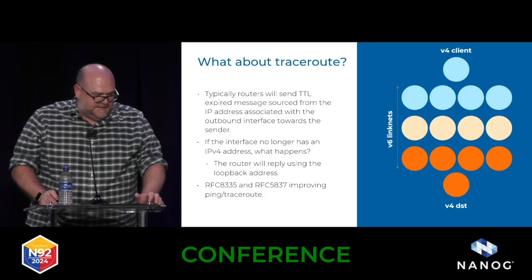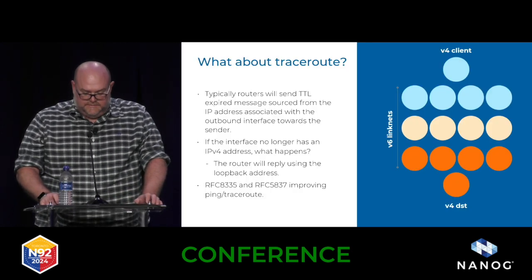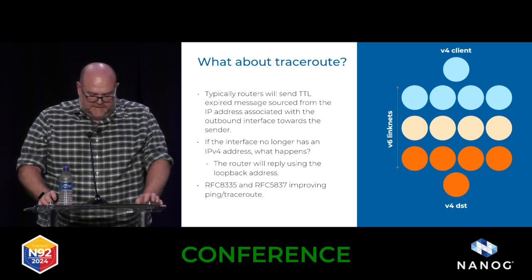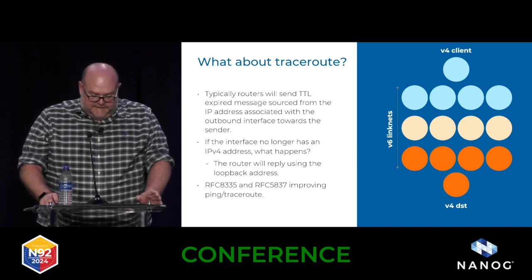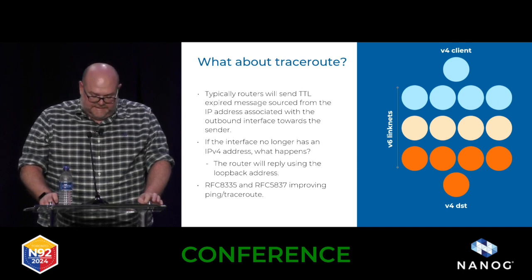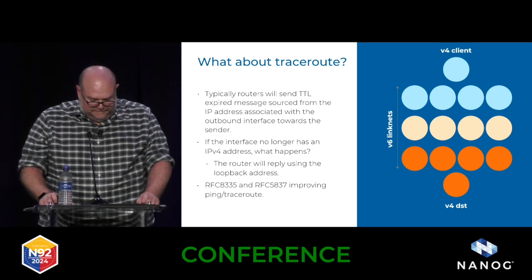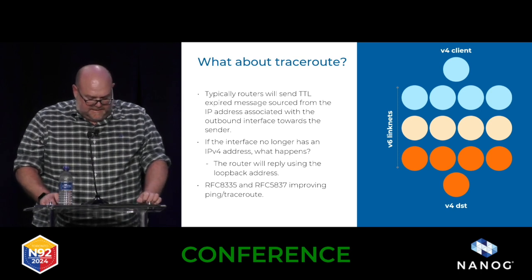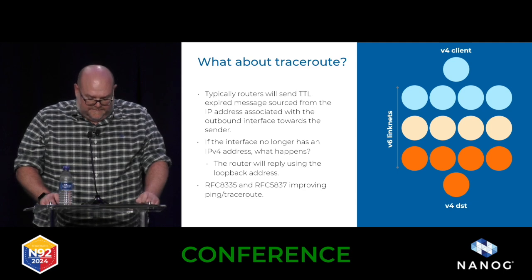Starting, our first challenge was traceroute. A lot of our network users internally like using traceroute as a diagnostic tool, but in the absence of v4 link addresses, what information can you get? It turns out that is only the loopback address of the router that's being transited. There are two RFCs to help address this loss of detail.